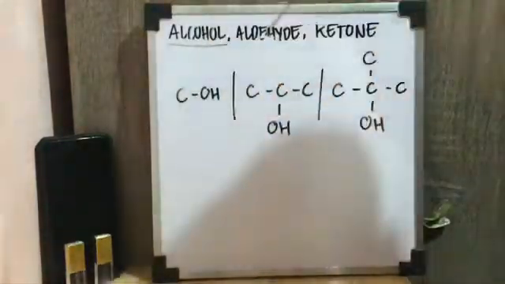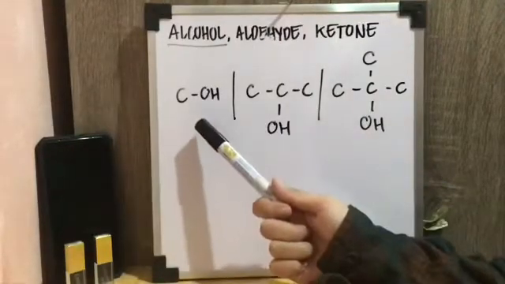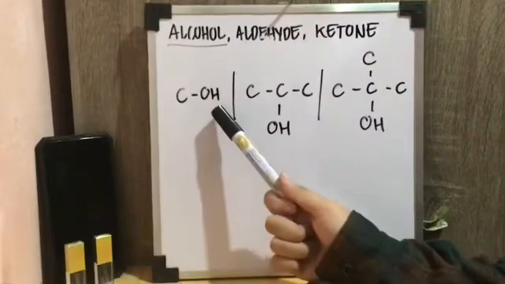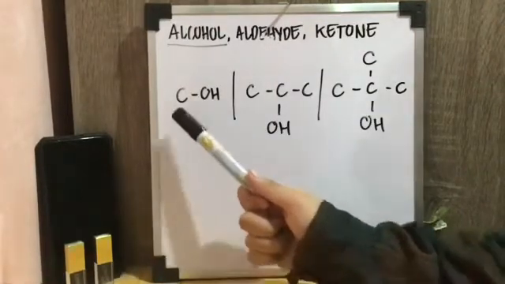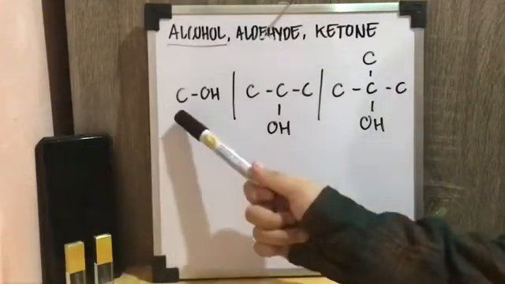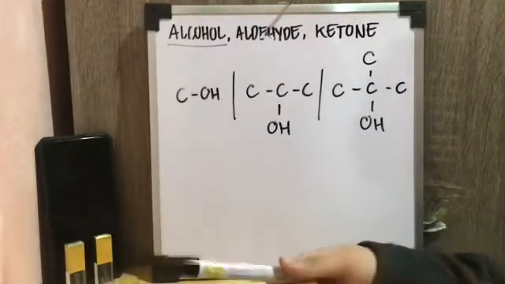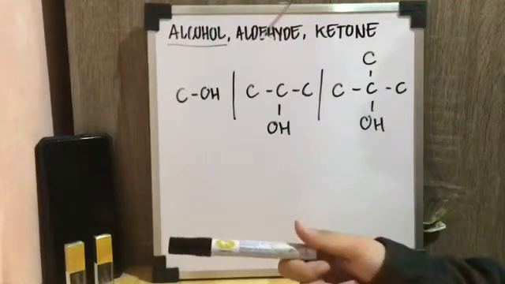We also need to take into account 3 different classifications of alcohols. In this case, we have the first one, which is what we call a primary, wherein the alcohol group is connected to one carbon, or in this case the edge or the furthest carbon, or the carbon that is on the edge of the organic compound.